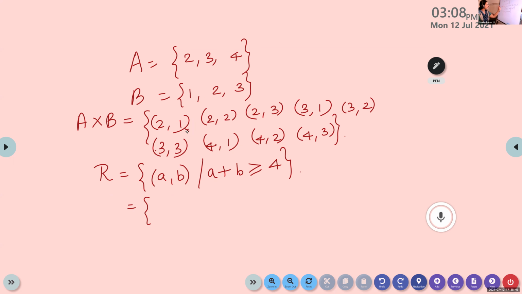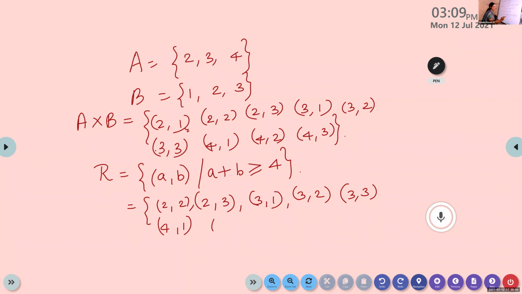Which is not possible. What about the next case, (2,2)? We can write that. (2,2), (2,3), then (3,1), (3,2), (3,3), (4,1), (4,2), (4,3). We select only those elements which satisfy this relation.